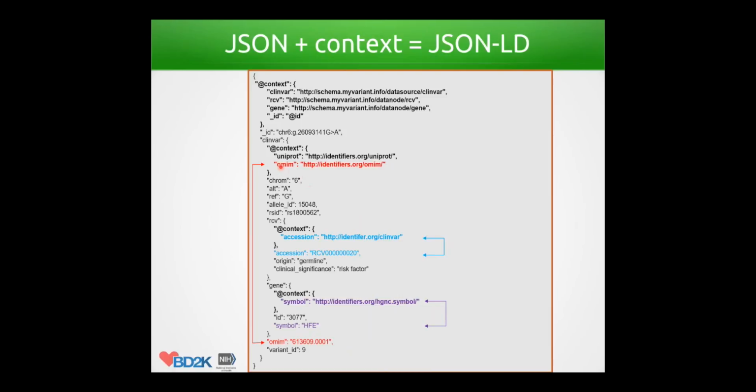We just mark this ARM ID as this ARM identifier. And same thing, we can label this symbol as the human HGNC symbol, and this RCV accession number is actually the ClinVar accession number. So you can see what we actually do using the context is basically just the mapping, right?